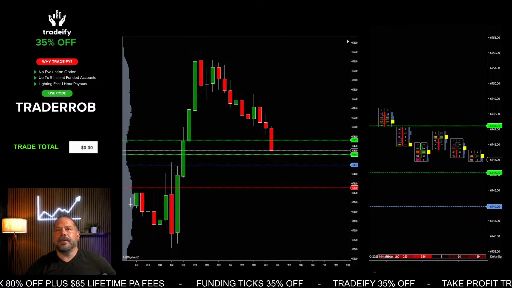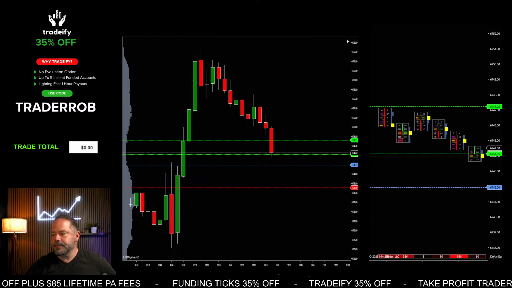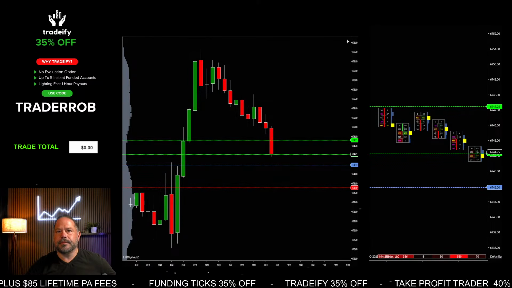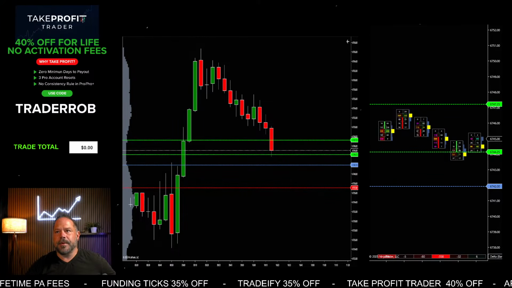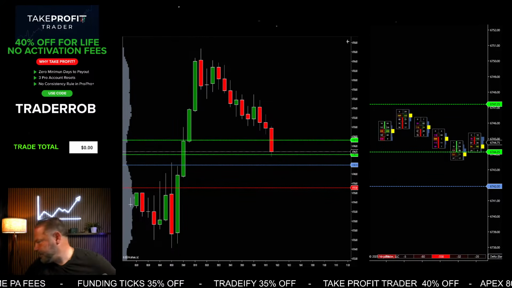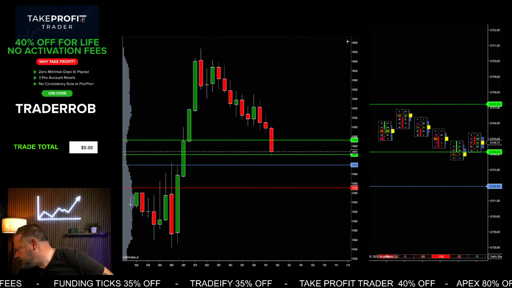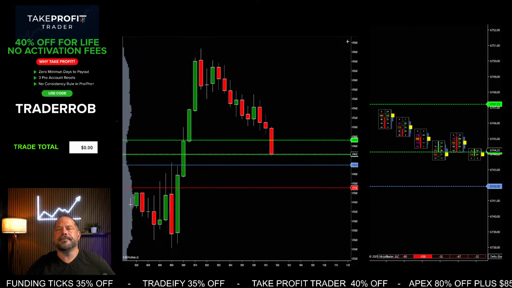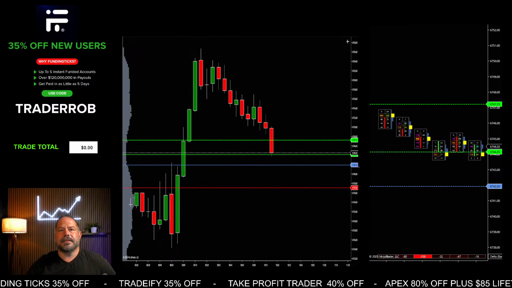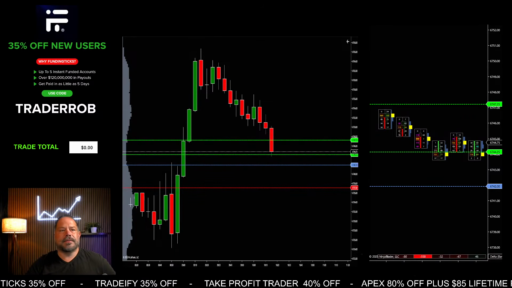Area is being defended pretty strongly, though. So remember, that's 67.42.50. Oh, well, they're defending the 43 pretty well. So we'll see.